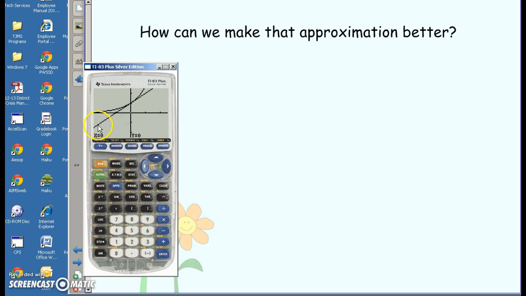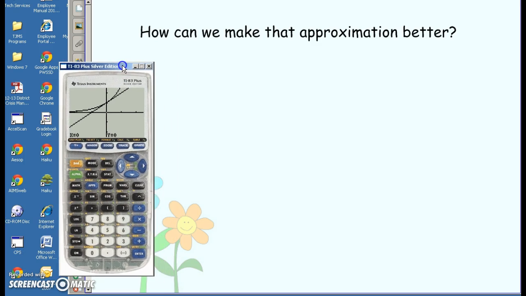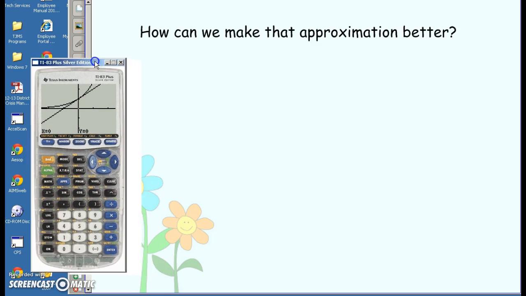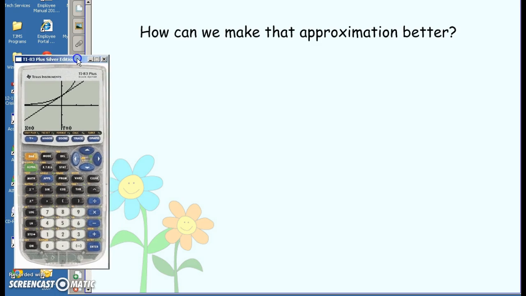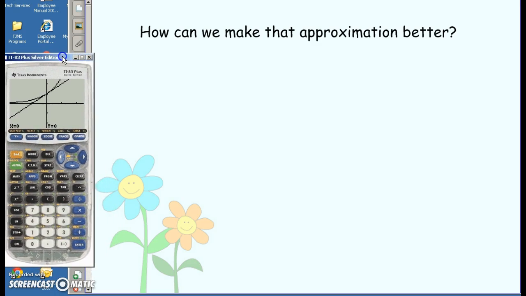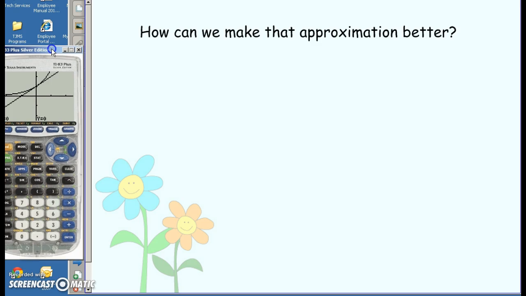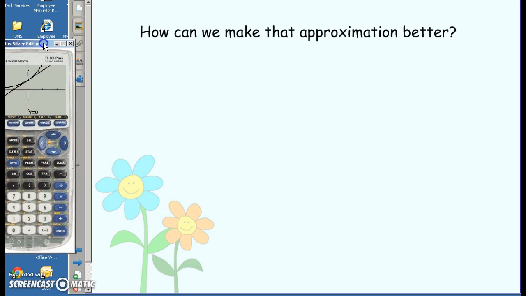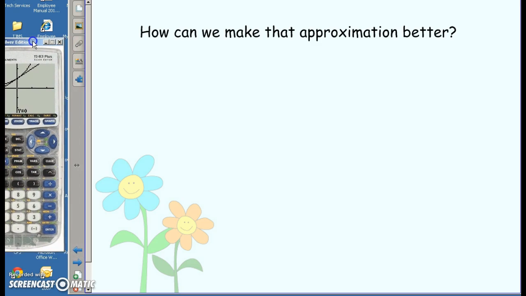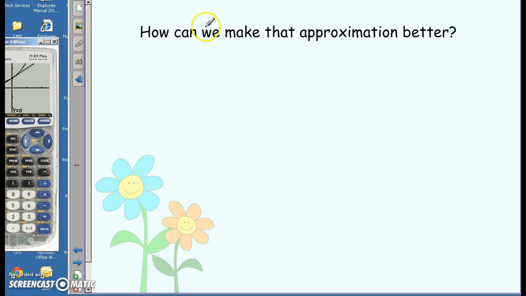As we get further and further away from where we're centered, it's not a very good representation or a good example or approximation for the function. So what we're trying to do with these two different polynomials, both Taylor and Maclaurin's, is to make them better. We want to be able to write better and better polynomials to represent the function.